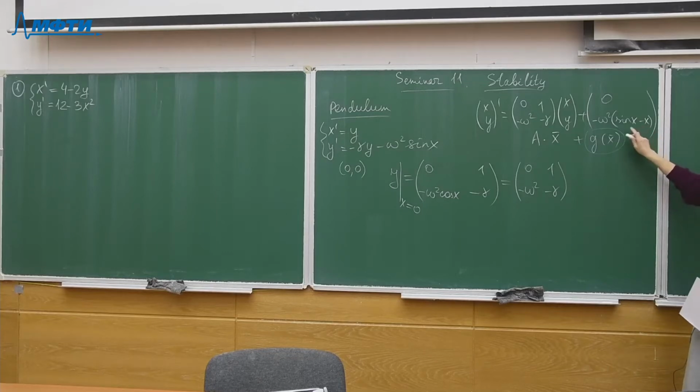So if we discuss exactly this function g, is it clear that this is small in comparison to x? Why is it small? Because sine x minus x is equal, using Taylor expansion, to minus x cubed over 6 plus O of x to the 4.